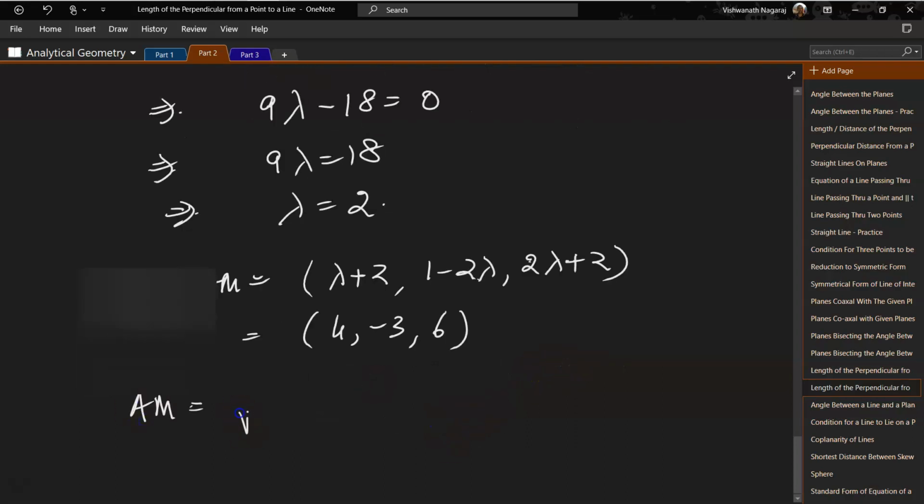And AM is equal to the square root of, remember A is 6, minus 4, 4.